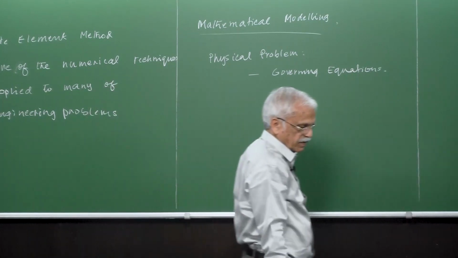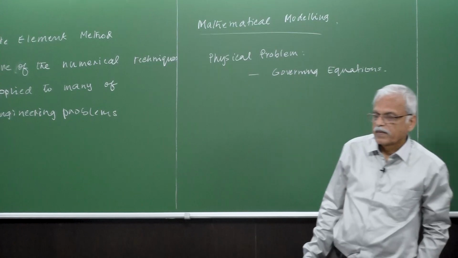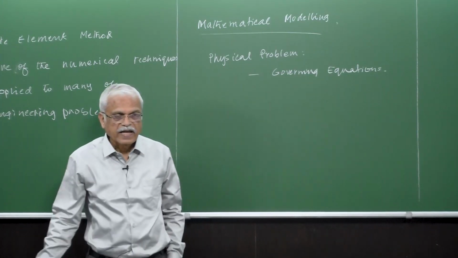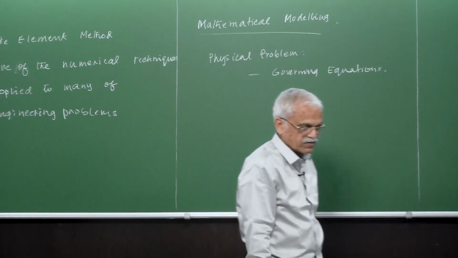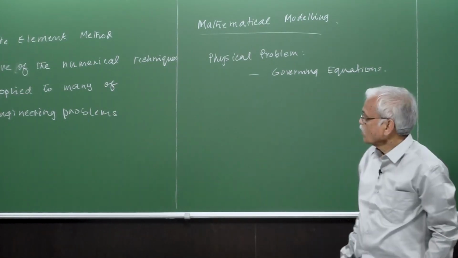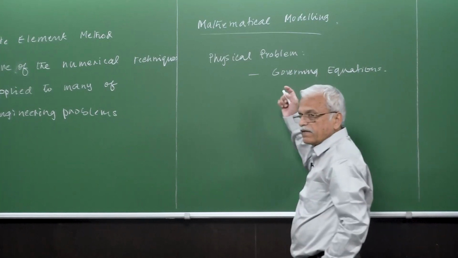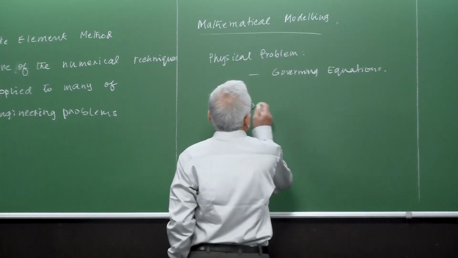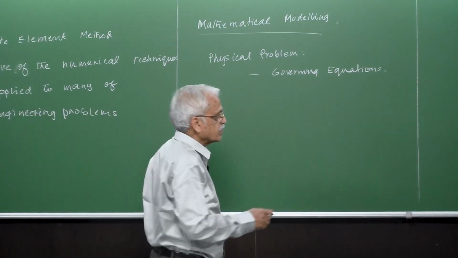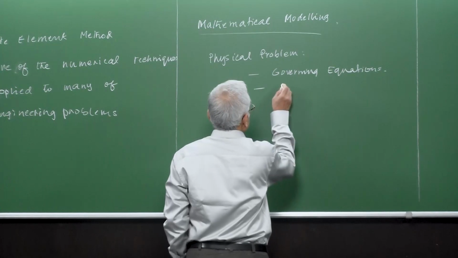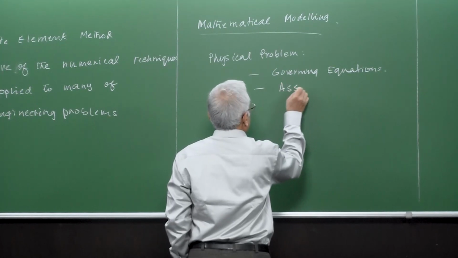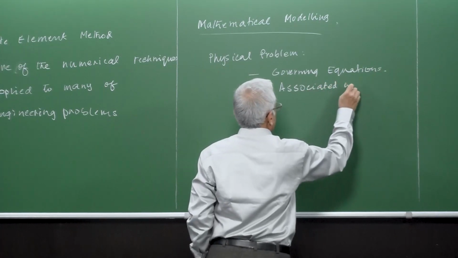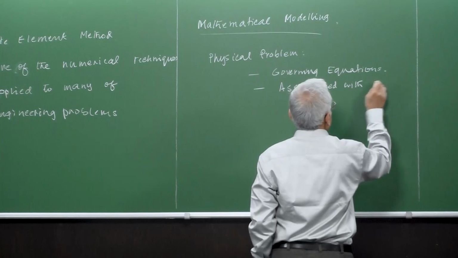For example, in a plate with a hole, the variables we are interested in are the displacements, as well as the strains and stresses and so on. Those are the variables in which the governing equations are formed. And the governing equations are also associated with certain boundary conditions.